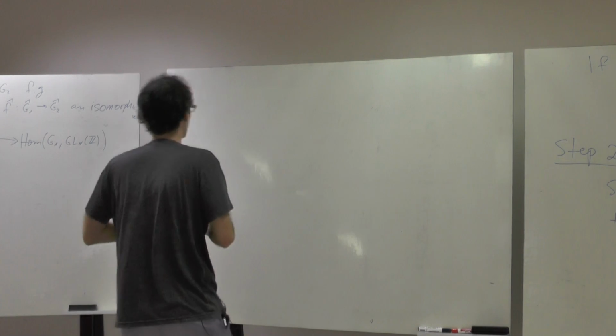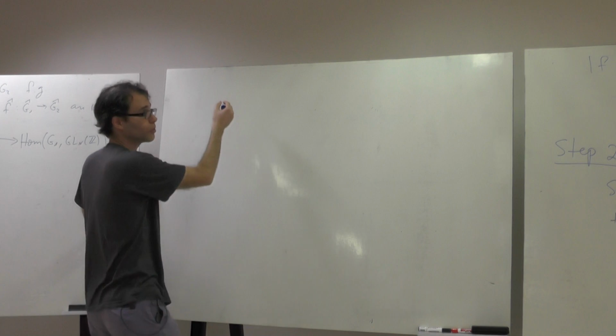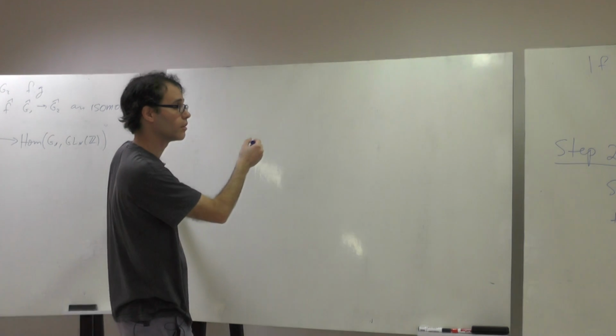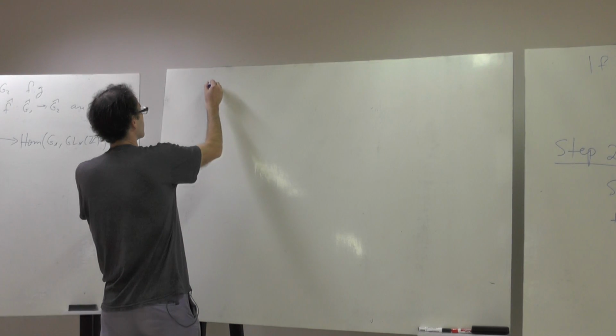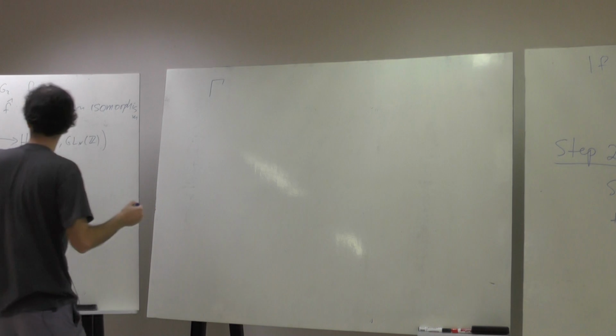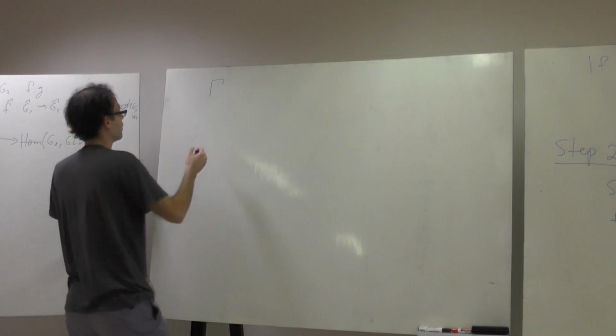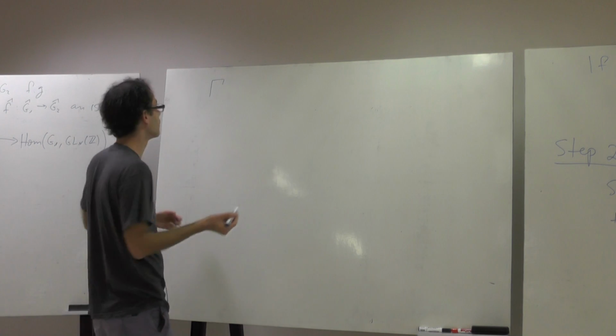Okay. So what do we have? They call it rho. Okay. So let's apply this theorem, but take capital N to be 3. Okay?